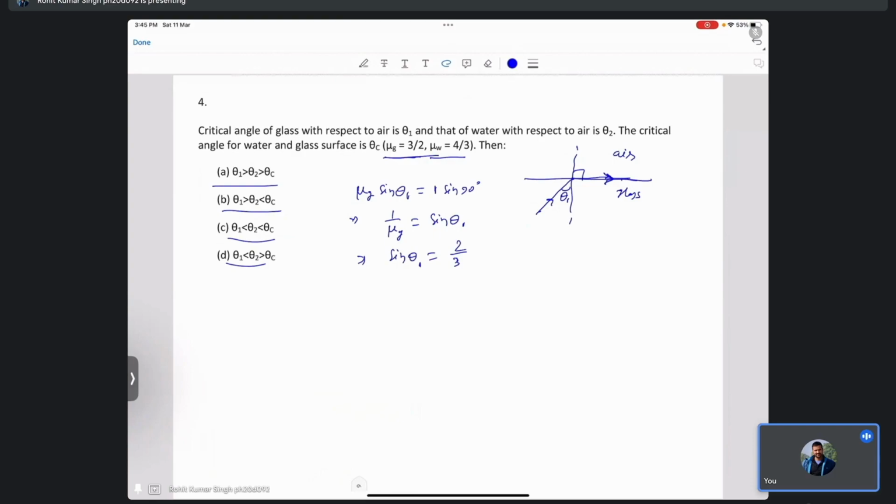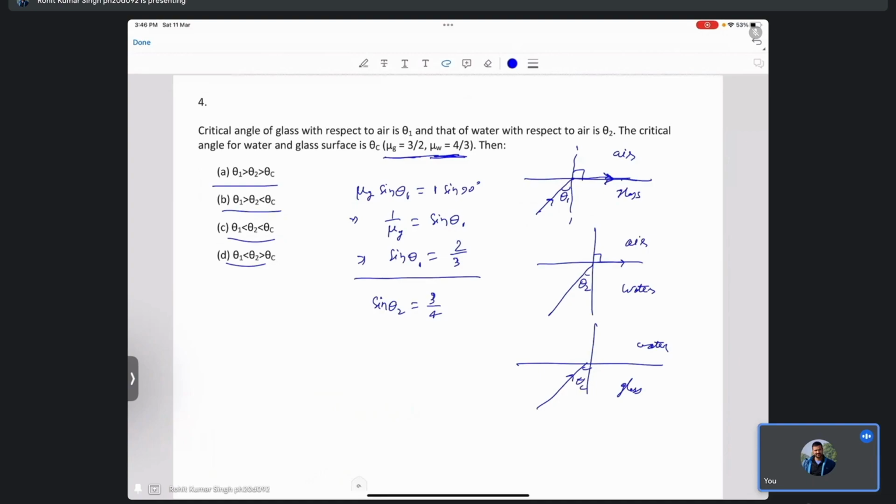Now similarly for water and air, so this is water, this is air, this is theta 2. Here also, calculating the same way, we'll find that sine theta 2 is just the reciprocal of mu of water, which is 3 by 4, right? Now we can do the same thing for glass and water. So here we have glass, here we have water.